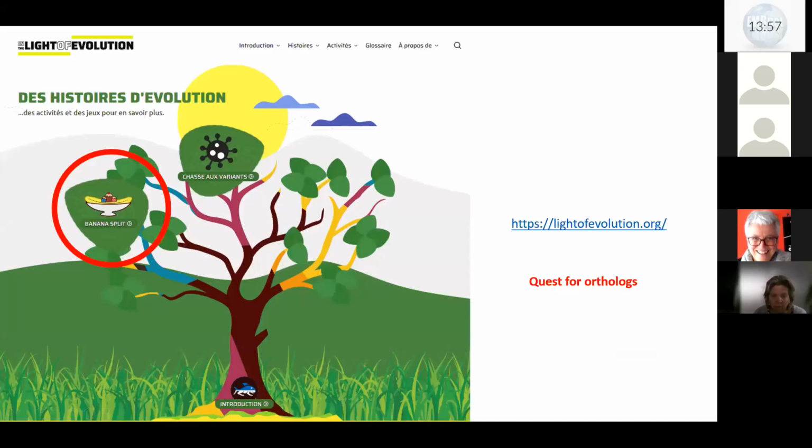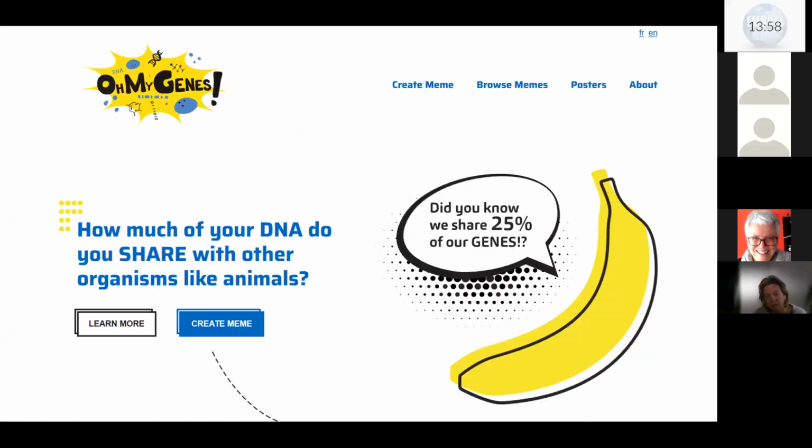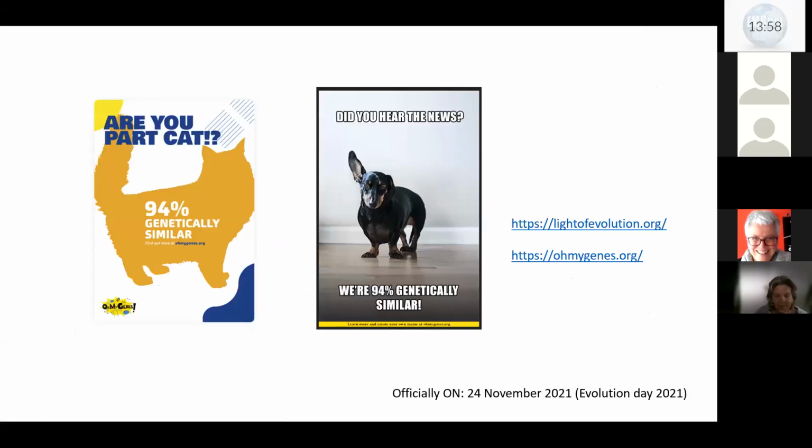And we also currently have a new workshop on the Quest for Orthologs, explaining to people how we can compare the genomes of different species. There is a funny website where you can create memes by comparing humans with different species, and you can discover that we share about 25% of our genes with the banana.